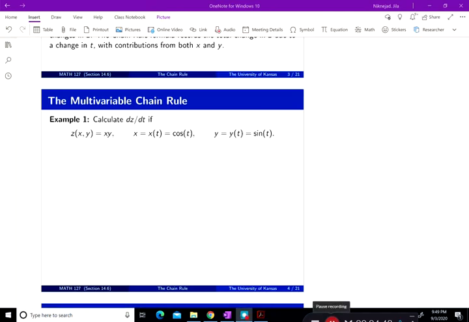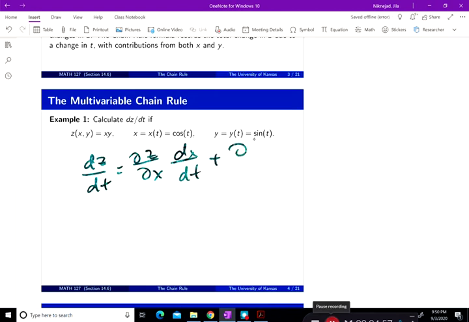According to the chain rule, dz/dt is equal to the partial of z with respect to x times dx/dt, plus the partial of z with respect to y times dy/dt.